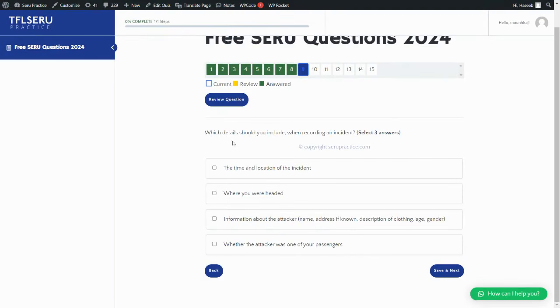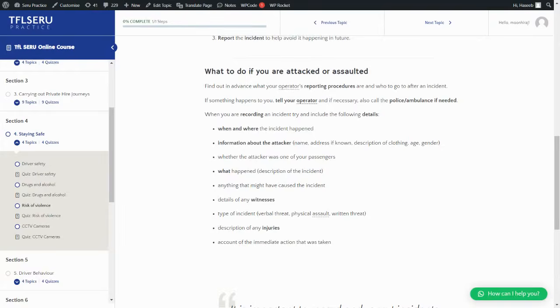This MCQ asks, which details should you include when recording an incident? Select three answers. We can find the answer to it in the handbook, section 4, staying safe and risk of violence. So what to do if you are attacked or assaulted?